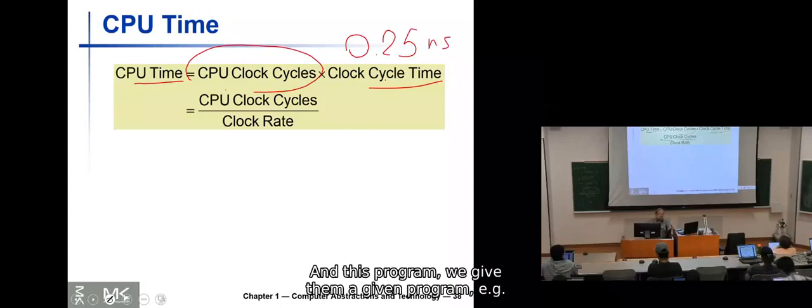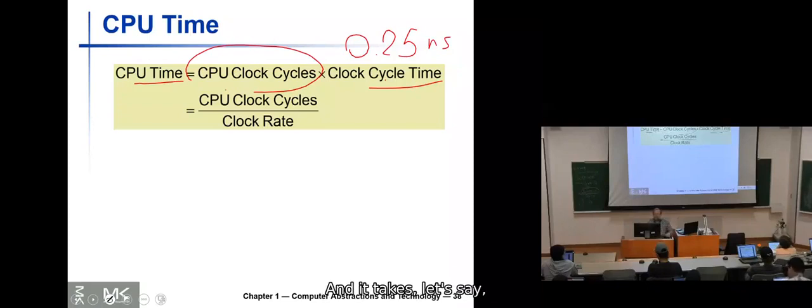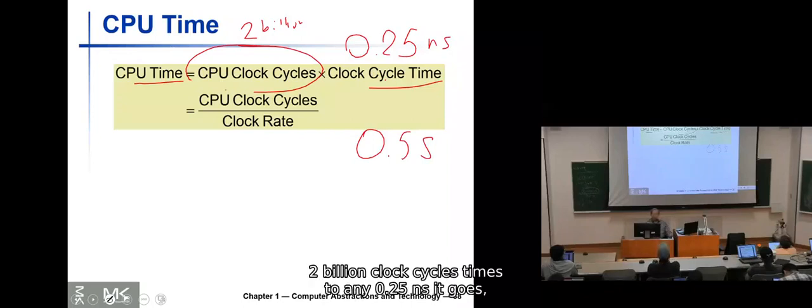For example, you execute a MATLAB simulation, video coding, something, and it takes, let's say, 2 billion clock cycles. So 2 billion clock cycles times 0.25 nanoseconds will become half a second.